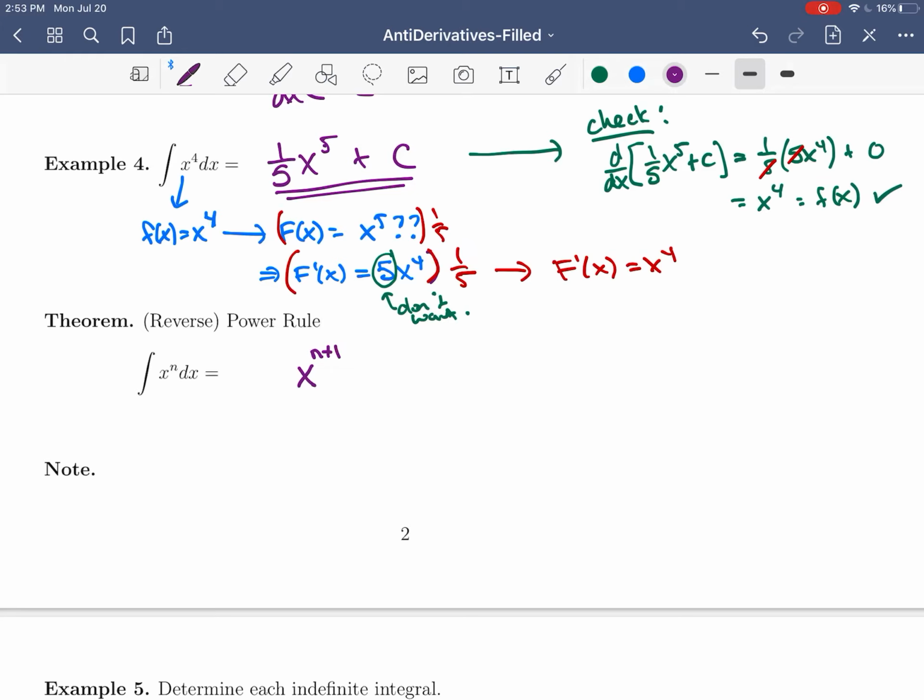It was n, so it's going to be n plus 1. But because when I take the derivative, this n plus 1 is going to drop down, I want to get rid of it. So I'm going to multiply this by 1 over n plus 1. And that's going to give me an antiderivative. So here is what we call the reverse power rule.